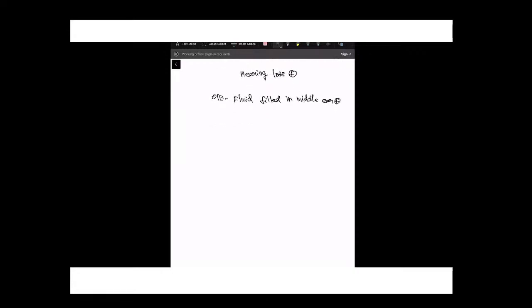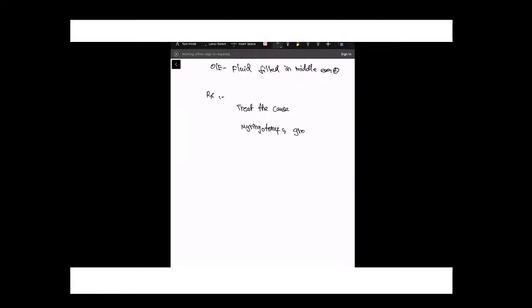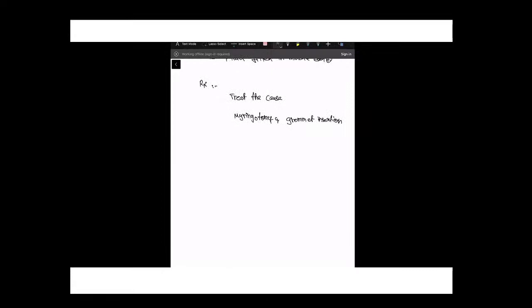The treatment is going to be treat the bacteria or the cause, myringotomy, and grommet insertion to drain the fluid. This grommet is inserted in the anterior inferior quadrant.